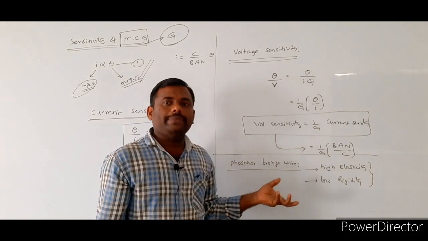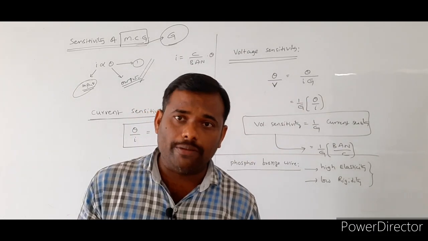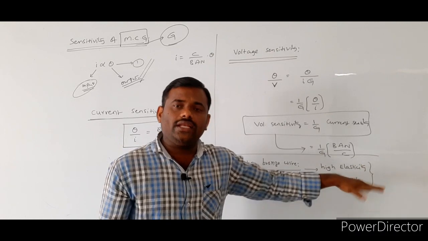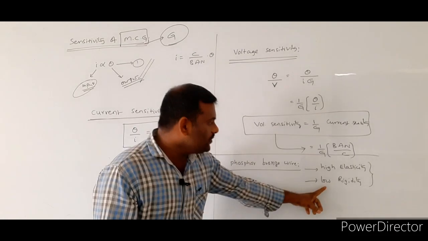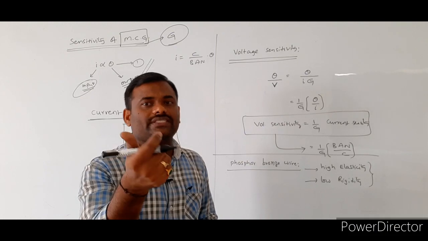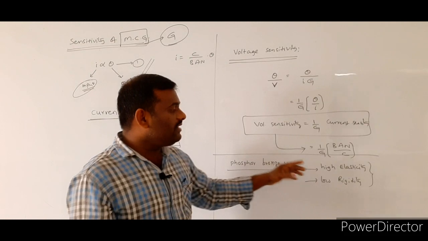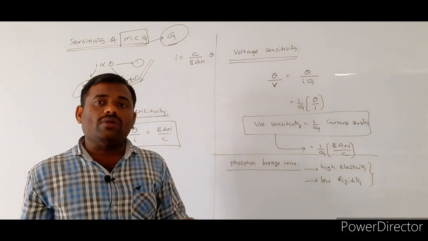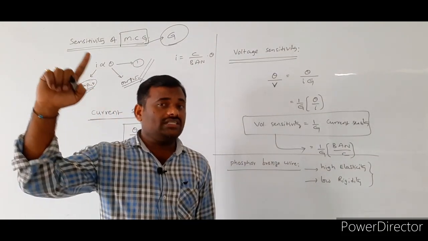So the phosphor bronze wire has the property of high elasticity as well as low rigidity. Due to the high elastic nature, it will be very strong, and due to the low rigidity, it is easily twisted. Because of that reason only, for even a small amount of current, the moving coil galvanometer will give large deflections.